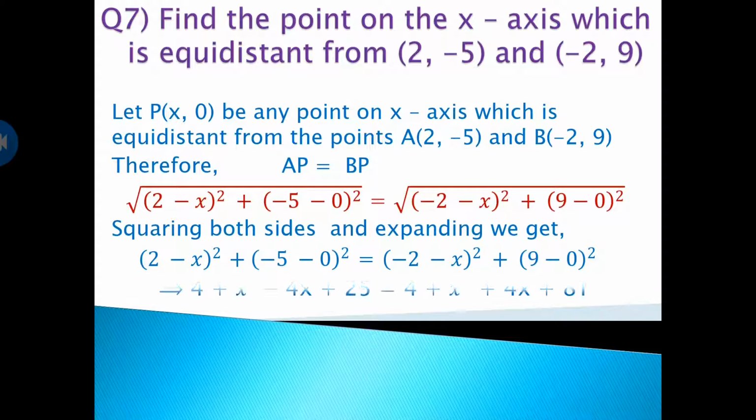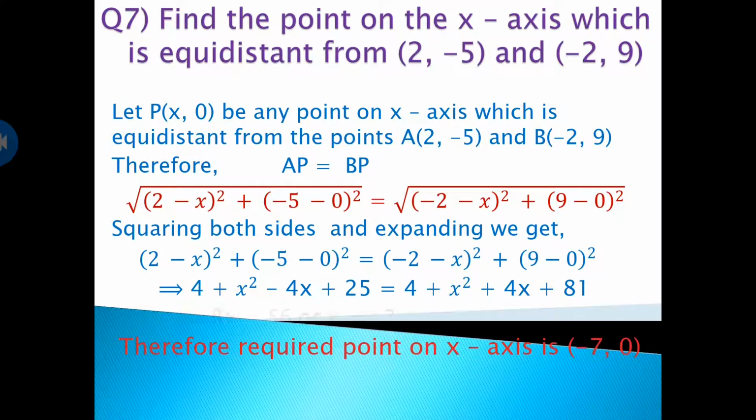So we get 4 plus x square minus 4x plus 25 equal to 4 plus x square plus 4x plus 81. On rearranging the terms, we get the final equation as minus 8x equal to 56 or x equal to minus 7. After getting the value of x, we have to write the point on the x-axis as (minus 7, 0).